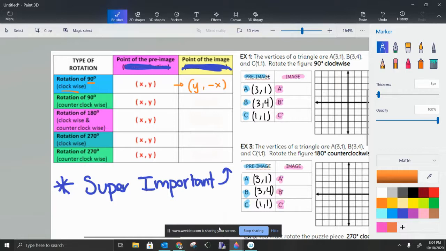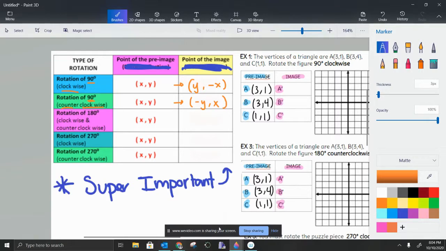Now what this means is that I'm taking the ordered pair that I'm given, I'm going to flip the order of the numbers and change the sign of the second number. To do a 90 degrees counterclockwise rotation, I'm going to change (x, y) to (-y, x). So this time I'm still flipping the order of the numbers, but this time I'm changing the sign of the first number.